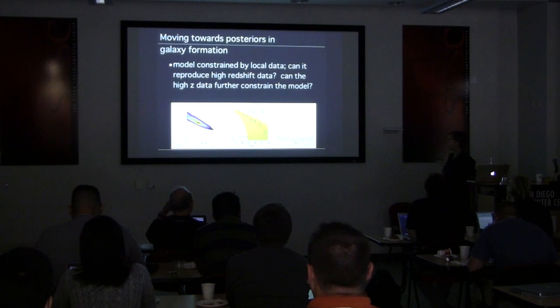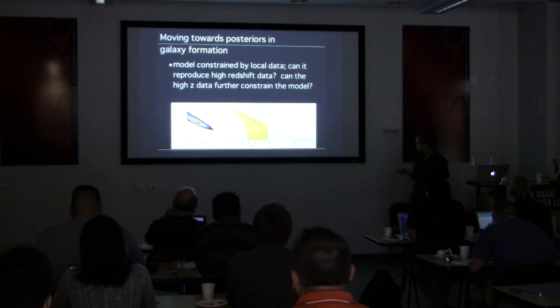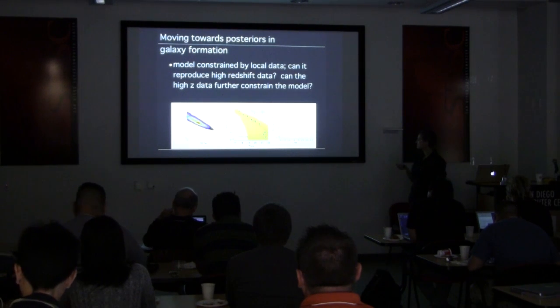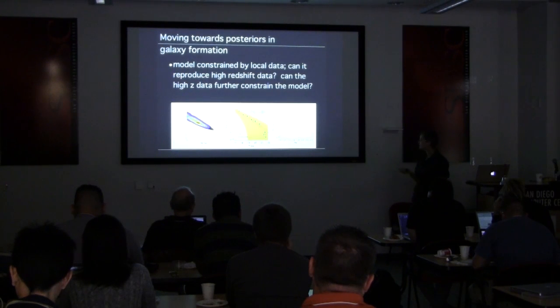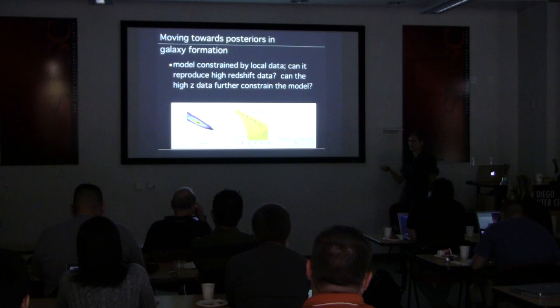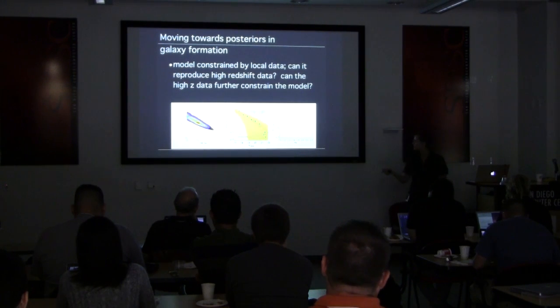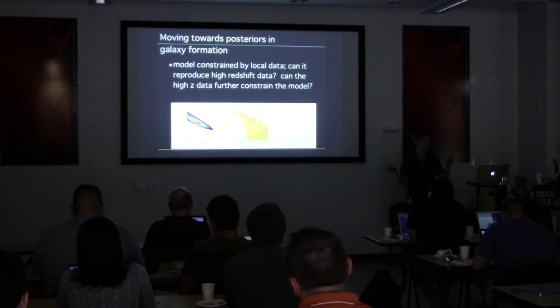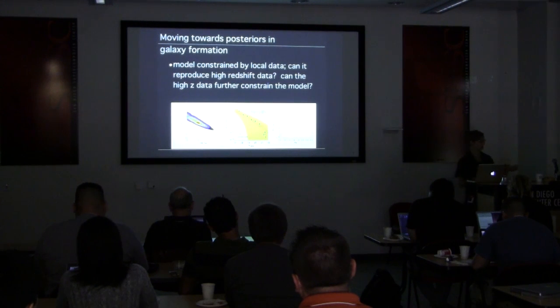And here's just one specific example. So this is an example if you look at the efficiency. This is a parameter relating to the efficiency of star formation and relating to the scaling of reheating. And just using local data, actually this is an old model which gets a somewhat unphysical parameter, but I just want to use this as an example. This is the posterior in just these two model parameters given, for example, the local stellar mass function.